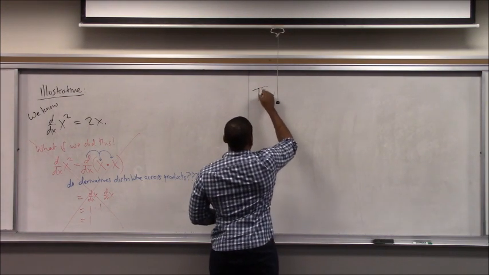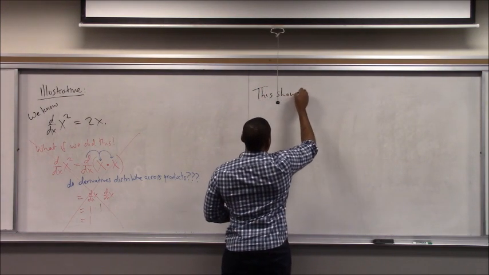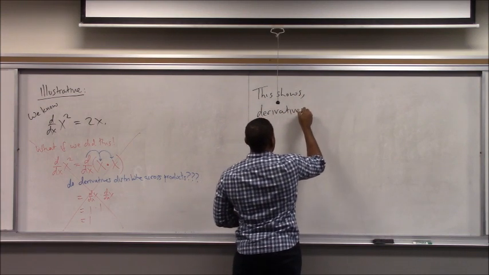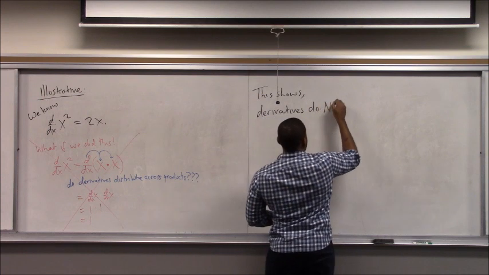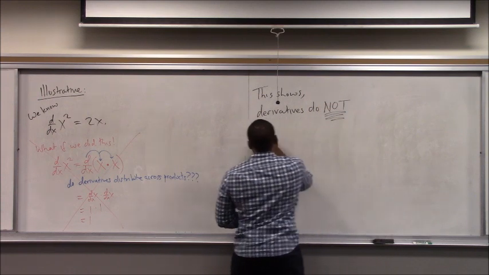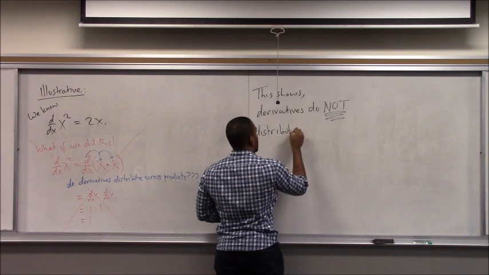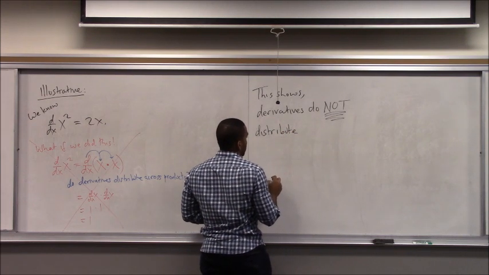So this shows derivatives do not distribute across products. Very important for you. If you have things multiplying, there's a whole rule that you have to go through.